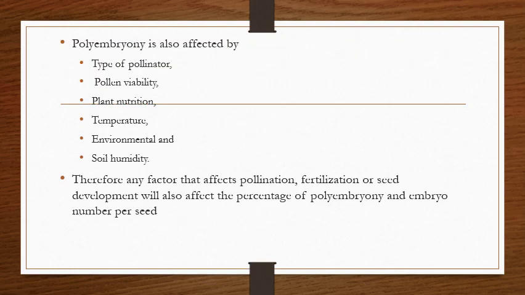The polyembryony is also affected by the type of pollinators, by pollen viability, plant nutrition, temperature, environment, and also by soil humidity.